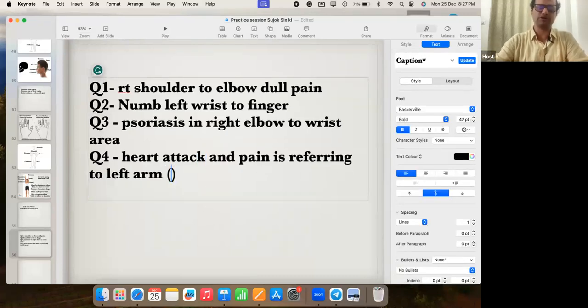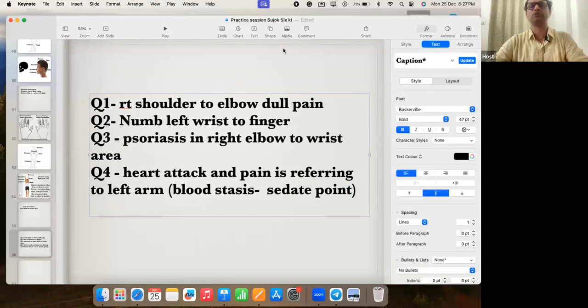This is the blood stasis condition. Remember one thing, in blood stasis we do sedate. We always sedate the point, because in a heart attack we never tonify. We either do jing-well bleeding or we sedate.